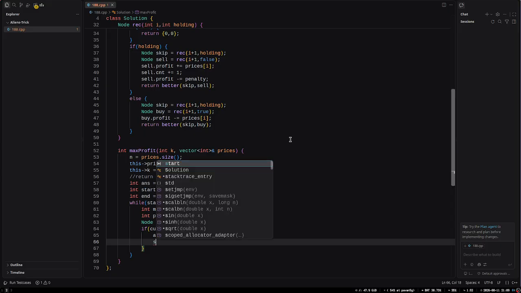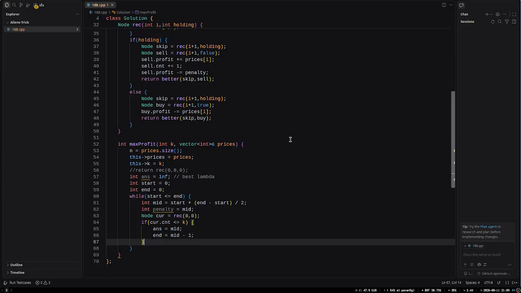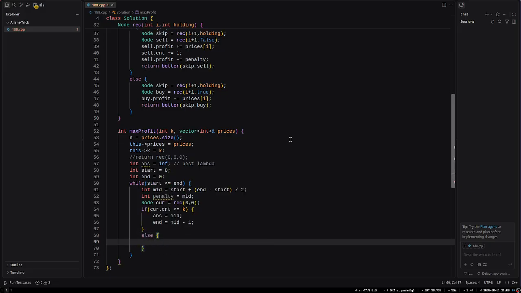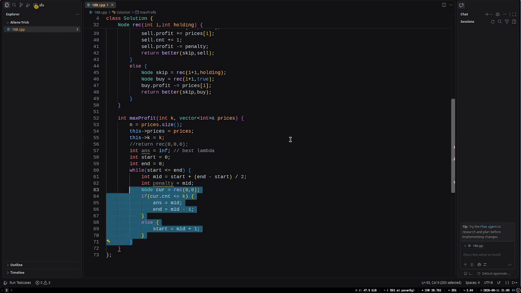So I would do end equal to mid minus 1. I would decrease the lambda, and else I would do start equal to mid plus 1. Else, in the sense that current dot count is greater than k, I should increase the lambda so that it picks less than or equal to k items. This is the complete idea of binary search.